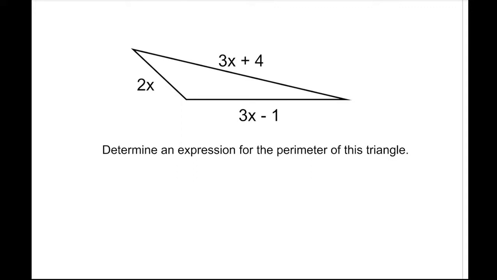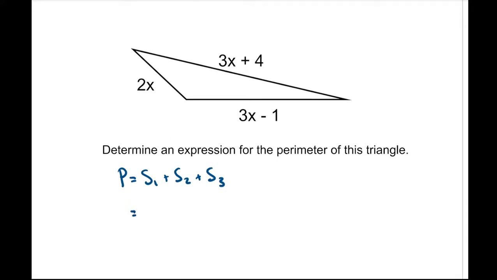And we don't know what x represents, we don't know what x equals, so we're just going to be left with an expression. Because we're dealing with perimeter, perimeter equals side 1 plus side 2 plus side 3. Right? Basically, you add up the sides around, or the distances around your object.